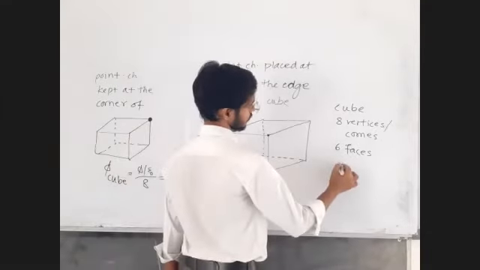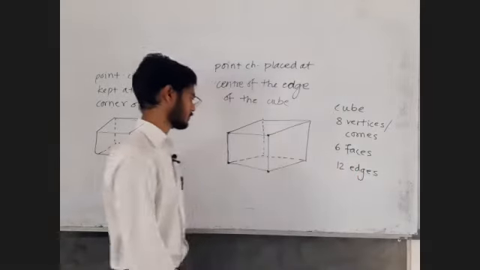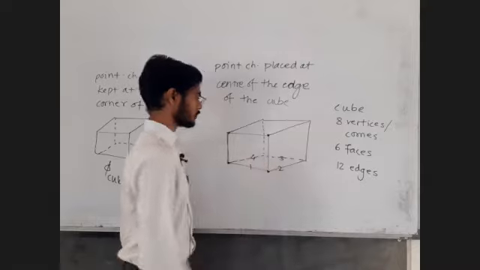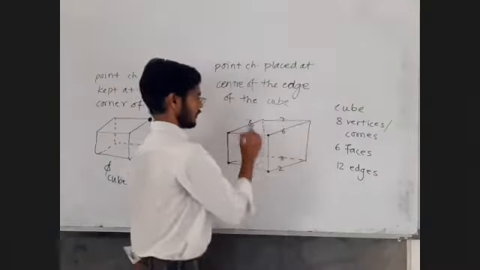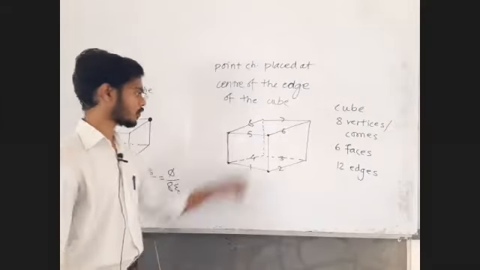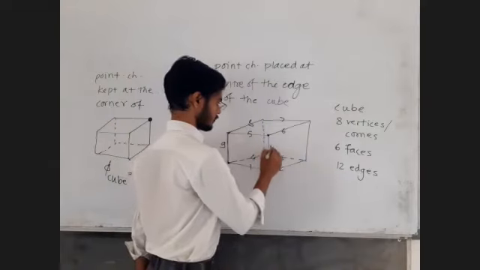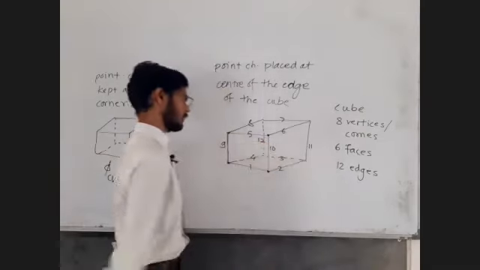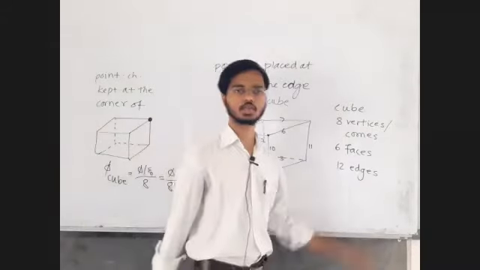And there are 12 edges. 1, 2, 3, 4, 5, 6, 7, 8, and there are 4 which are vertical, 9, 10, 11 and 12. There are 12 edges to the cube.